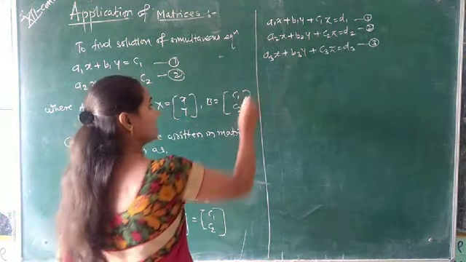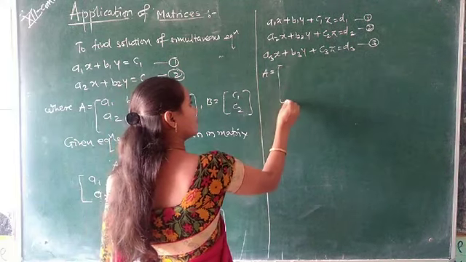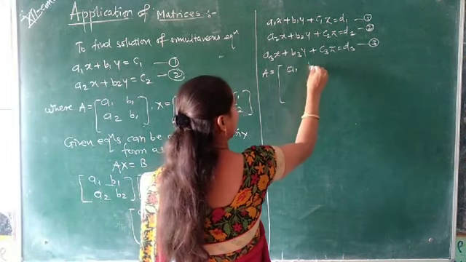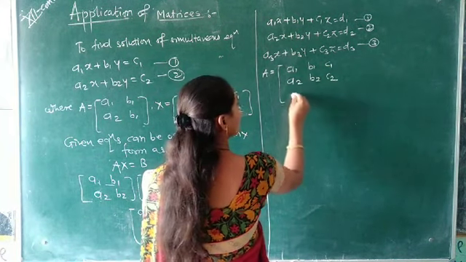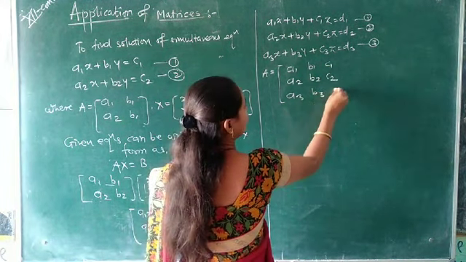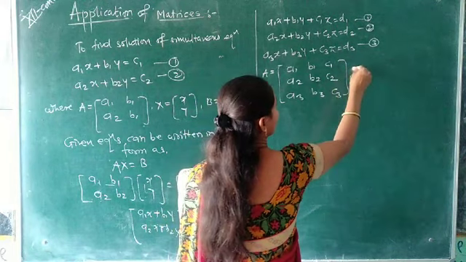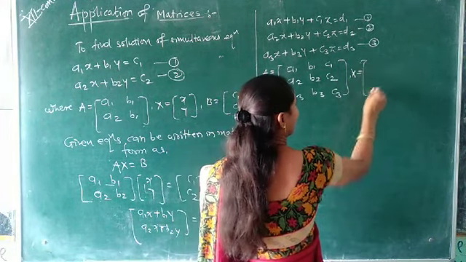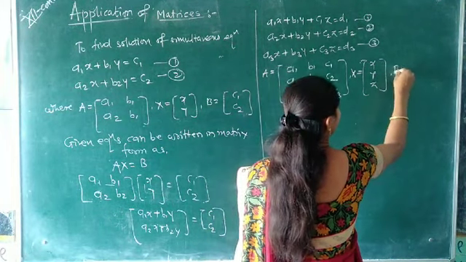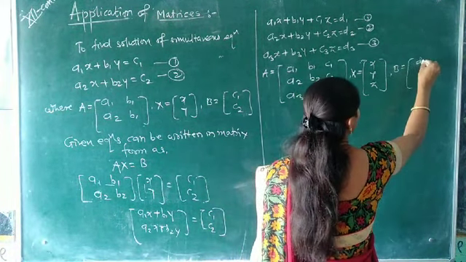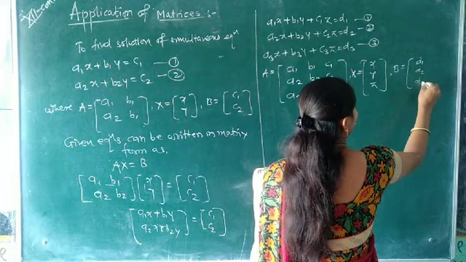Then A is equal to the coefficients, a1 b1 c1, a2 b2 c2, a3 b3 c3. X is the variables, three variables here, and B is a constant matrix.